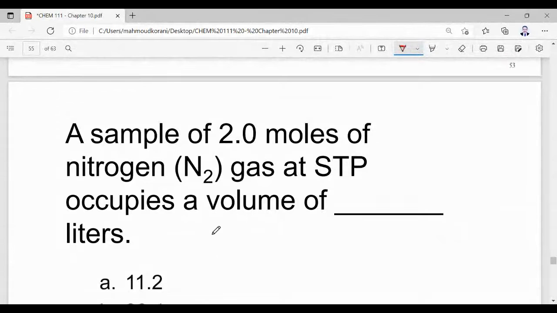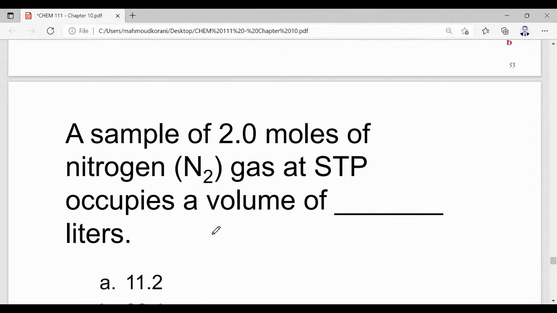A sample of 2 moles of nitrogen gas at STP. We have mentioned that STP means the pressure equals 1 atm and the temperature is 273.15 Kelvin. It occupies a volume of what?